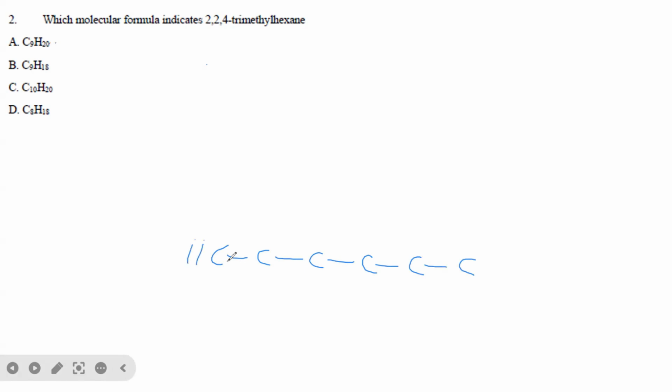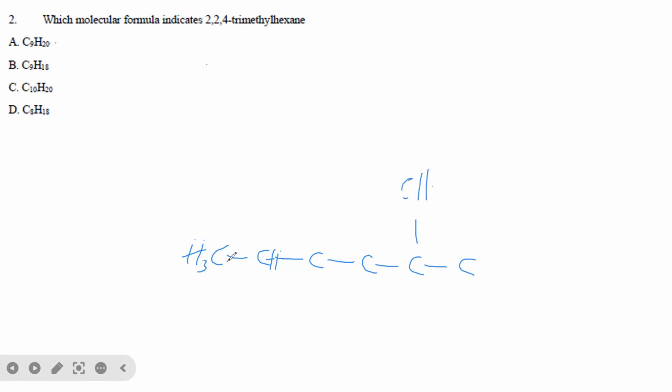And of course, between each and every carbon, there is a hydrogen. But before adding the hydrogen, we need to actually indicate the position. So you see, we have 2,2,4-trimethyl. So it means that this is position 2.